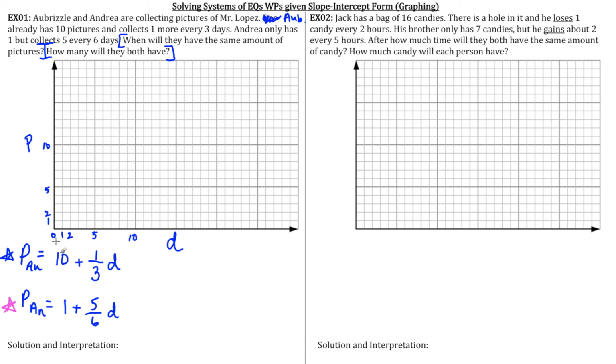Okay, so Aubrey. I need to put a B here because that looks too similar. Okay, Aubrey starts with 10. And her pictures will increase 1 by 1 every 3 days. 1 picture every 3 days, and so on and so forth.